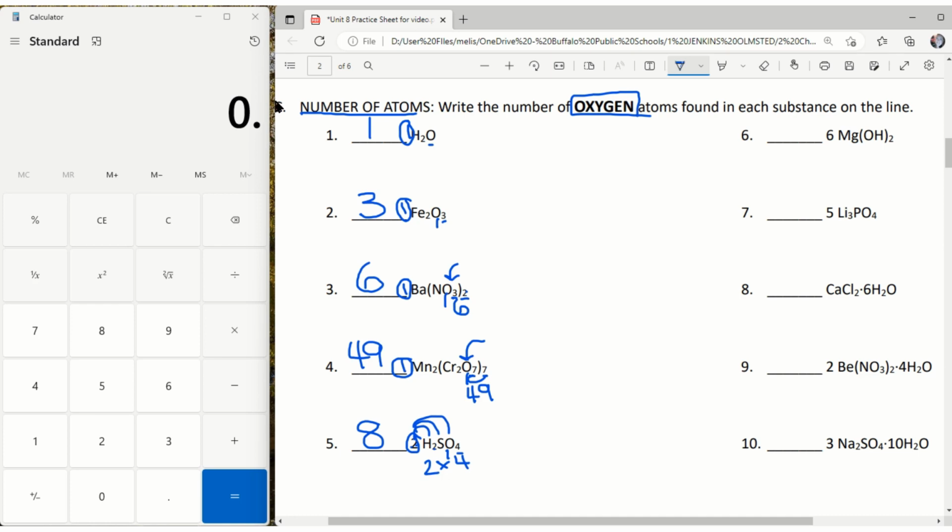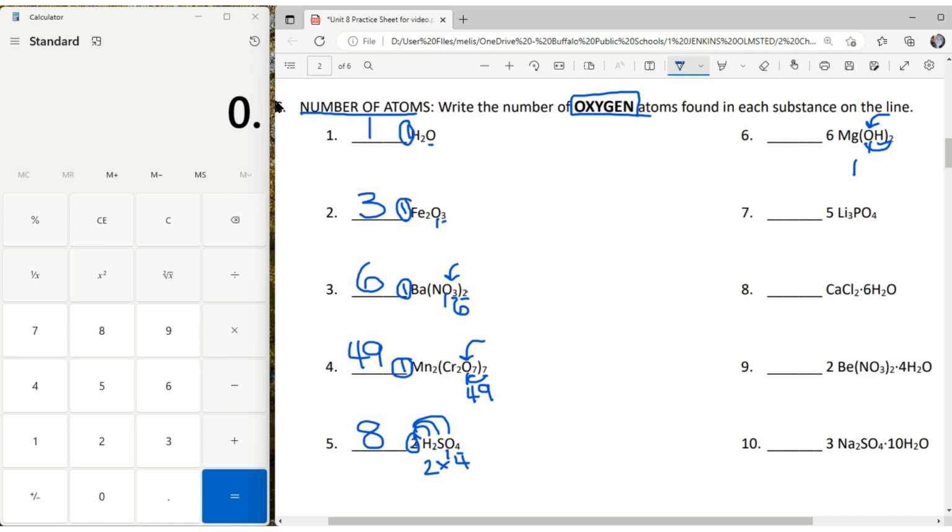All right, let's look up here. Here's oxygen. Does it have a subscript? No. So that means I have 1, right? Are there parentheses? Yes. Is oxygen inside the parentheses? Yes, it is. So what does that mean? Remember, I have to distribute that 2, right?